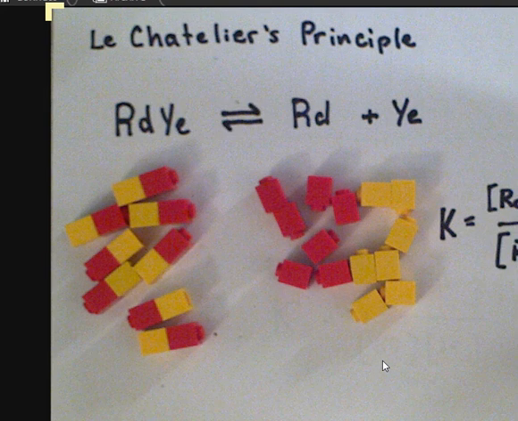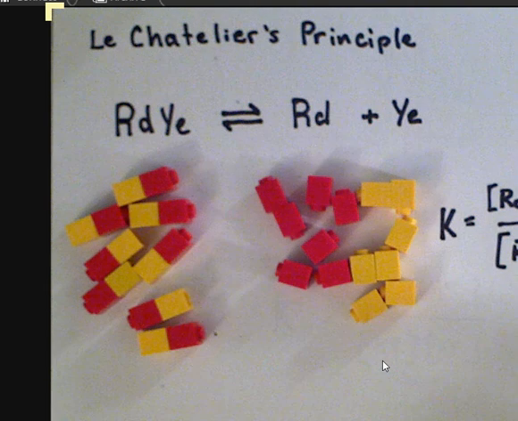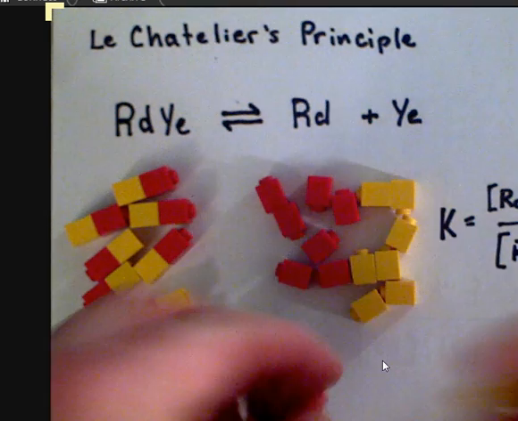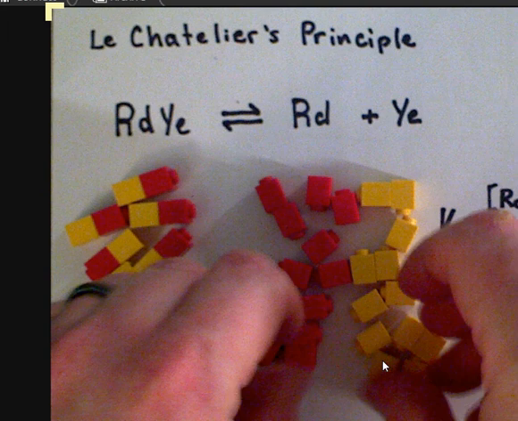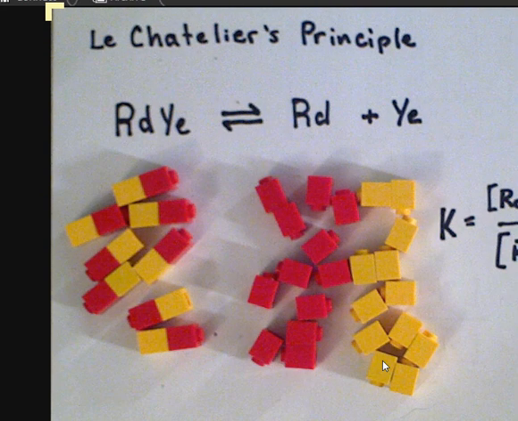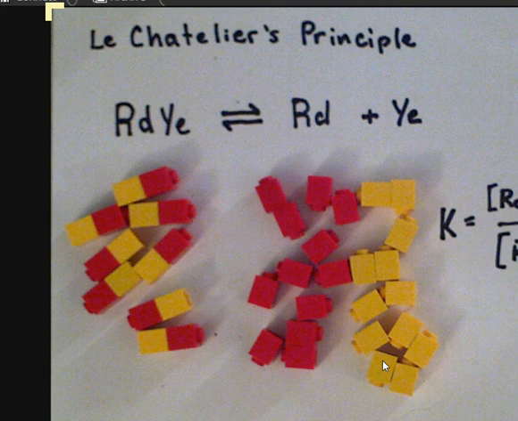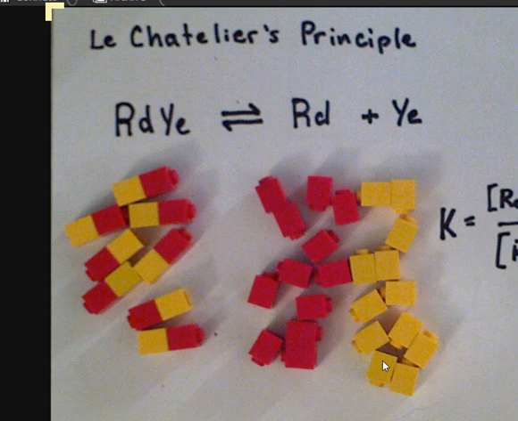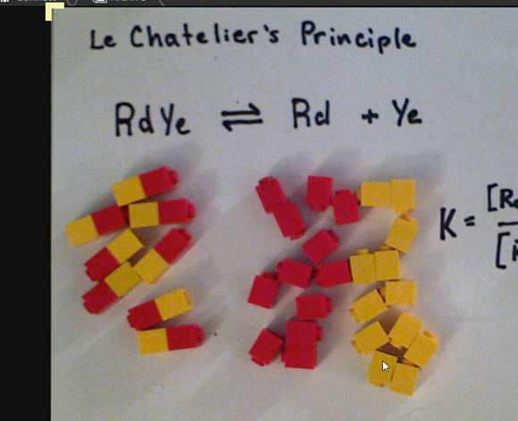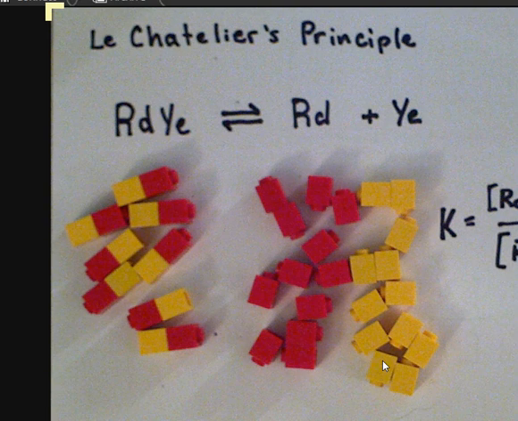At the same time, we could do the exact opposite. We could potentially, to this reaction, add some more RD and some more YE, and again disturb equilibrium. Only now we've increased the concentrations of RD and YE such that Q is now greater than K. Well, now the reaction has to shift to the left.